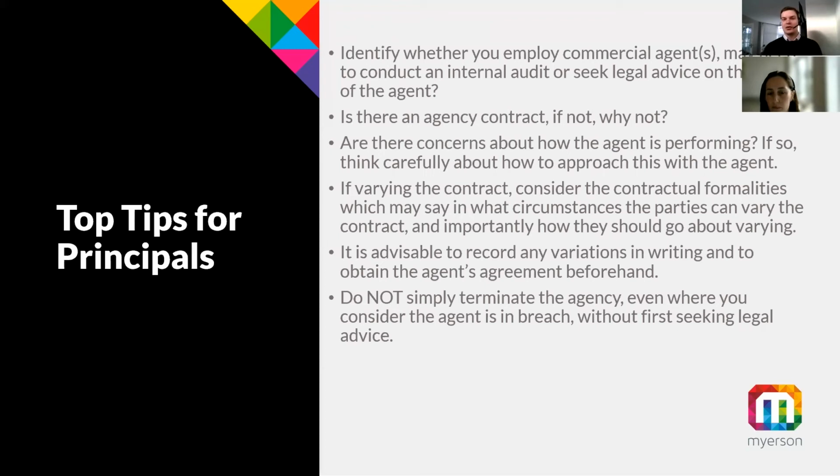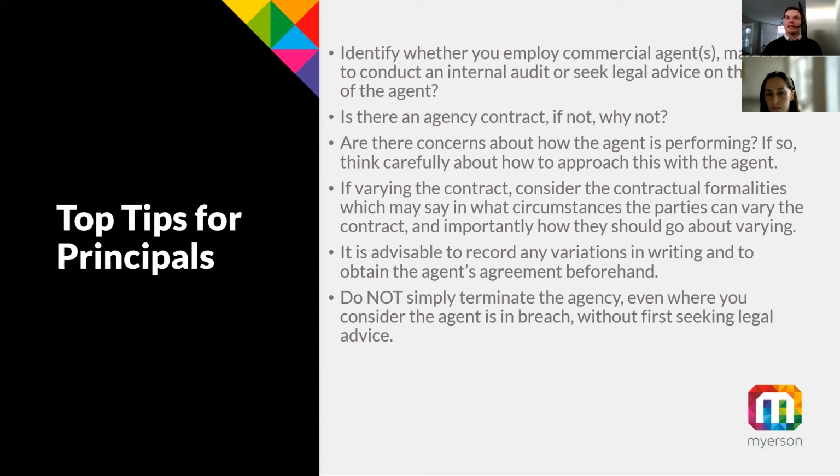And that's also the case for relatively minor breaches by the agent that would not, in legal terms, be considered sufficiently serious to justify terminating the agency. So it's important in circumstances where a principal is concerned about an agent's performance that they seek advice on the appropriate steps that can be taken to address that performance without prejudicing the principal's position.